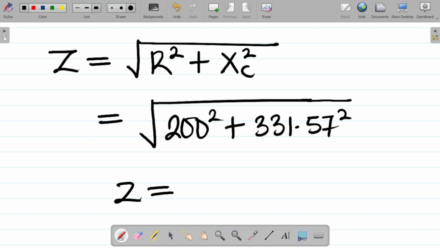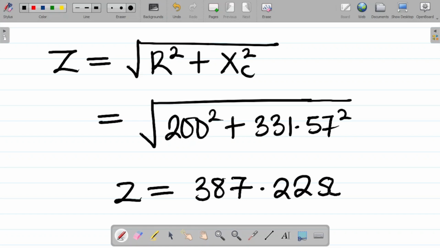And if you punch this correctly, your answer should give you 387.22 approximately. Impedance is also the opposition to current, so it's also in ohms. So I have this as 387.22 ohms, approximately.